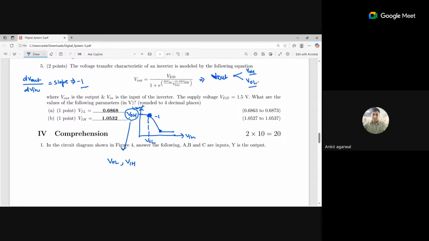Now VOL and VOH are given. On the basis of this, I can calculate the value. So with respect to VOH, I am getting the VIL, and with respect to VOL, I am getting the VIH. So you have to try this question. This concept was already taught to you in week 1, lecture 4. Okay, so try it on your own.